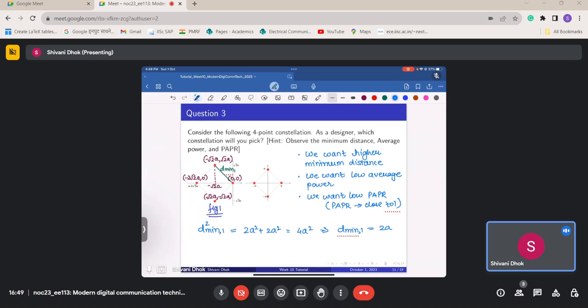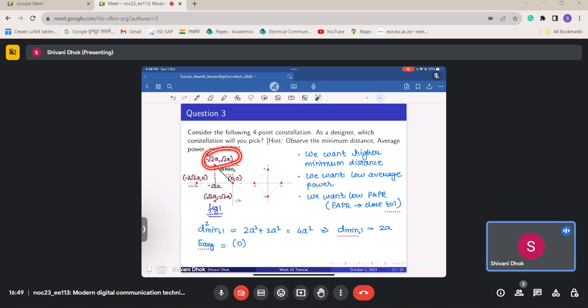Next thing that we need to look at is the average energy or the average power. Let us say that all of these points are equiprobable. So that will be power of this point plus power of this point plus power of this point plus power of this point, whole divided by 4. The power of the first point is 0, this point is 0.